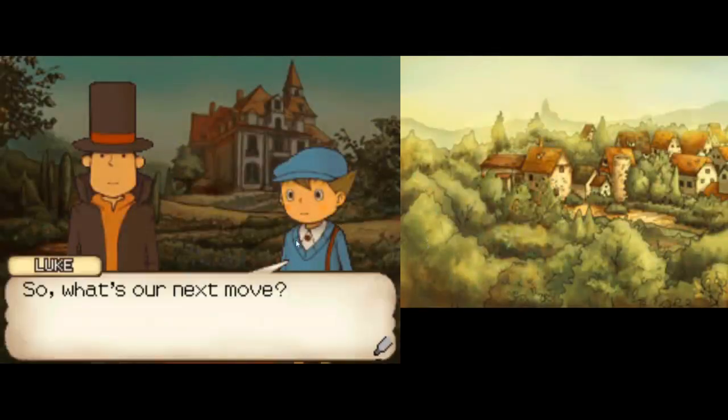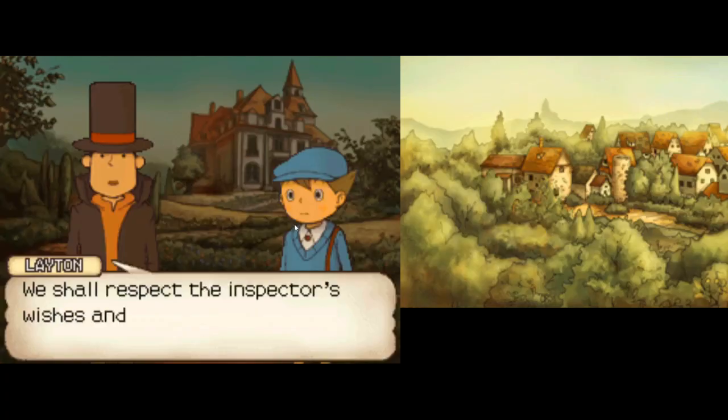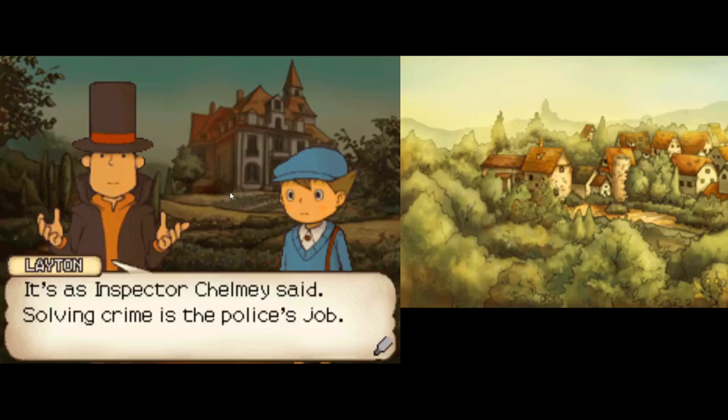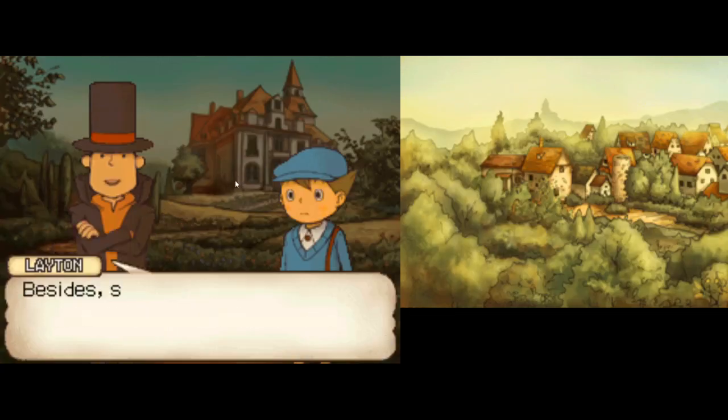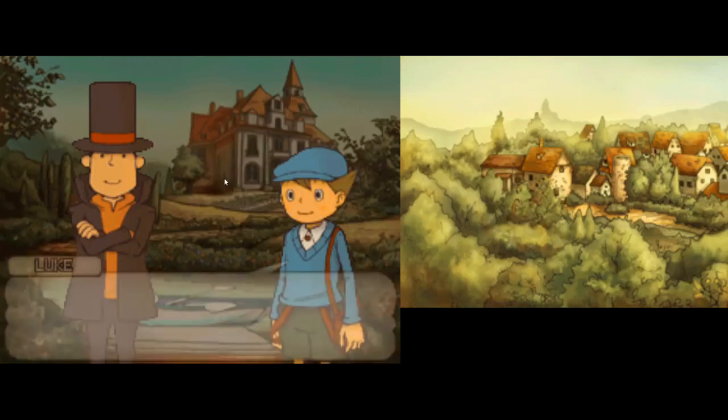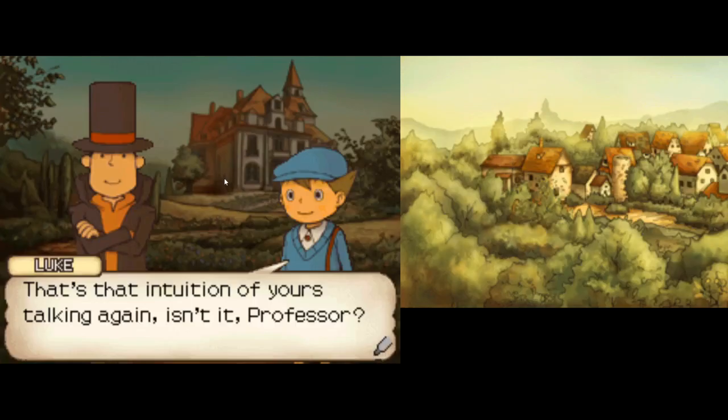So, what's our next move? We shall respect the inspector's wishes and leave the murder case alone, Luke. It's as Inspector Chelmy said. Solving crime is the police's job. Besides, something tells me that this case and the Golden Apple are more related than we suspect.